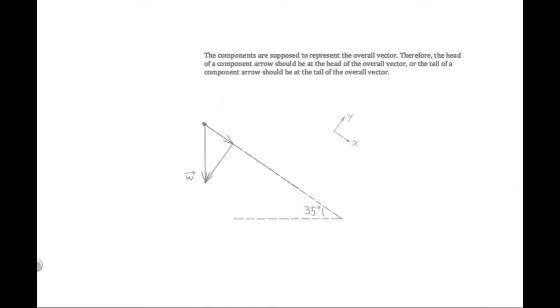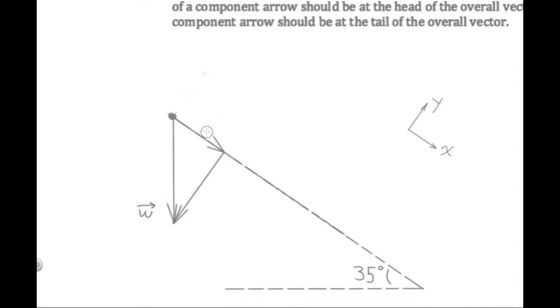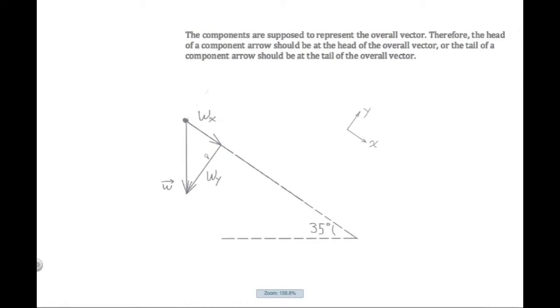Or alternatively, we can say that using this rule, where we have the head of the overall vector, we should also have the head of the component. And where we have the tail of the overall vector, we should have the tail of the component. Make sure you label those. This was the side parallel to the x-axis, so this is w sub x. And this was the side parallel to the y-axis, so this is w sub y. So those are our components.